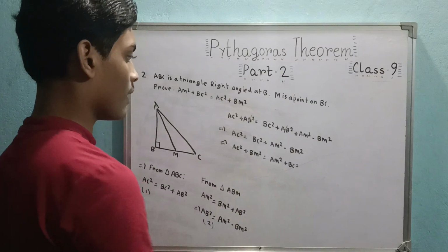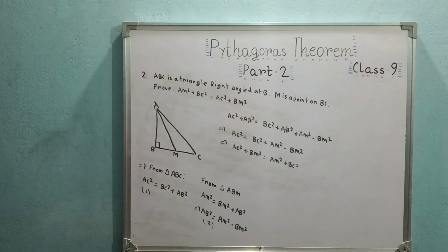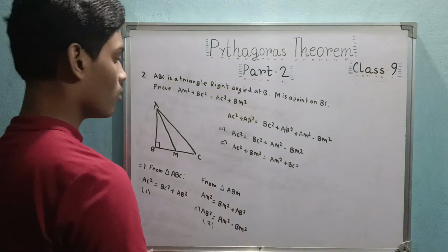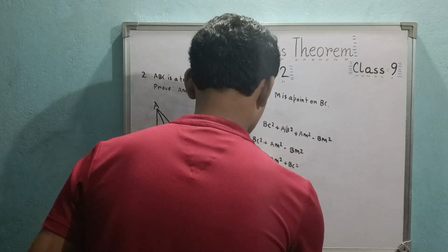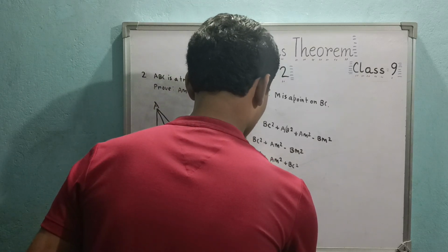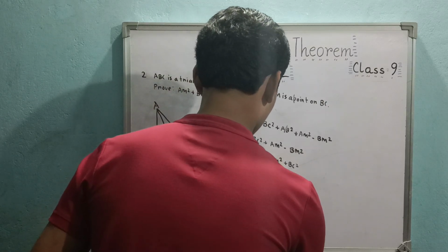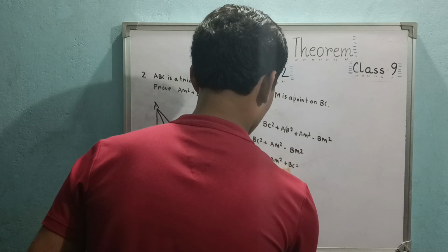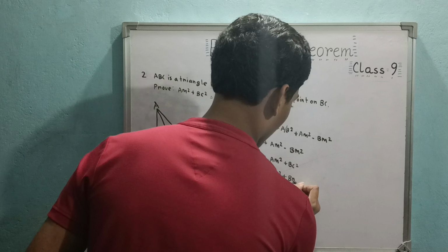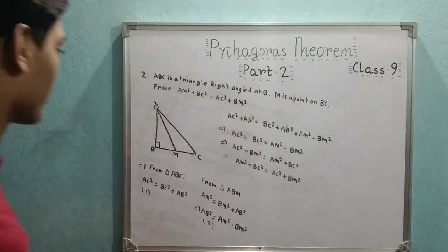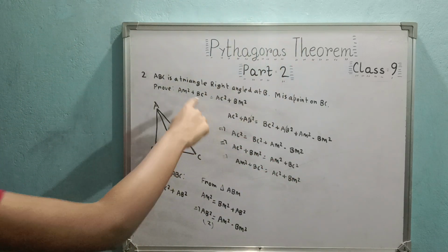That's it. That is the required proof, right? I can just turn LHS to RHS and RHS to LHS: AM square plus BC square equal to AC square plus BM square. That's the answer. Absolutely, that is the proof required.